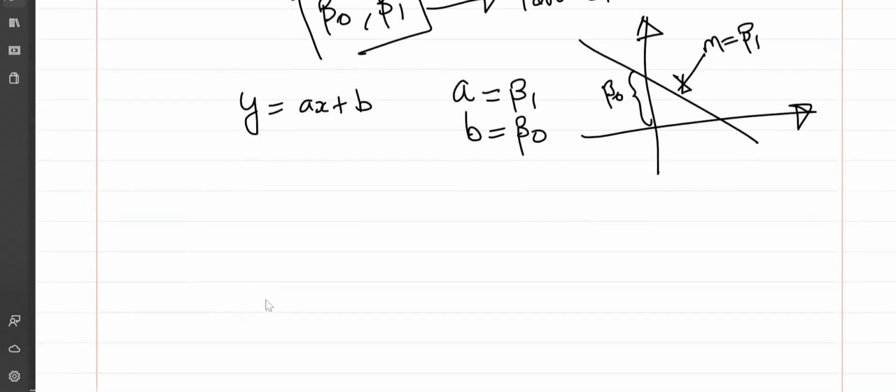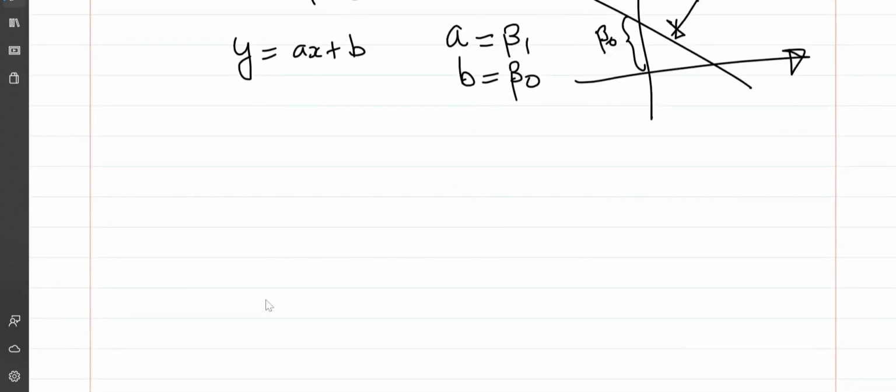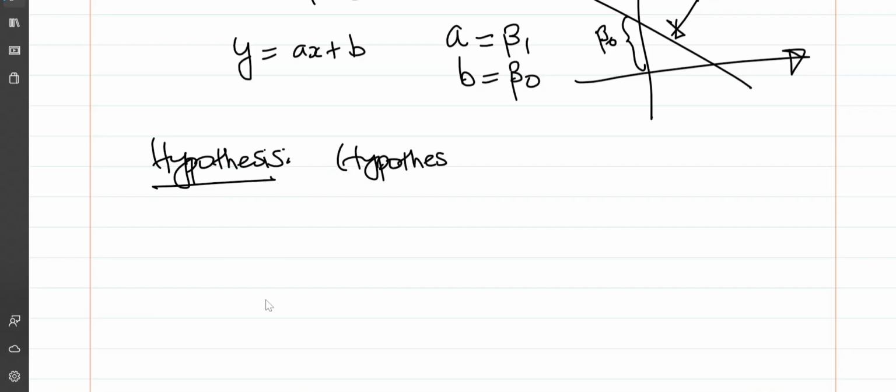Let us now look at some more terminologies that are involved in the simple linear regression model. The first terminology is the hypothesis, or better known as the hypothesis function. From our first equation, I'll write it again here, y is equal to beta naught plus beta 1 into x.